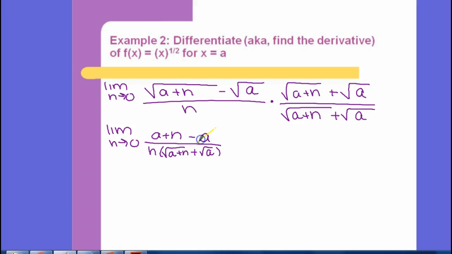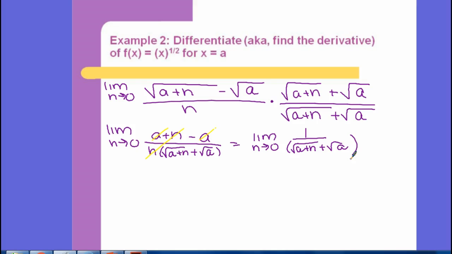Okay, now. Goodbye a's, goodbye h. What's the sign on the h? That's really important. What's the sign on the h? The sign is a positive. So that means you're going to have a plus 1 in your numerator. Then you got square root of a plus h plus square root of a.